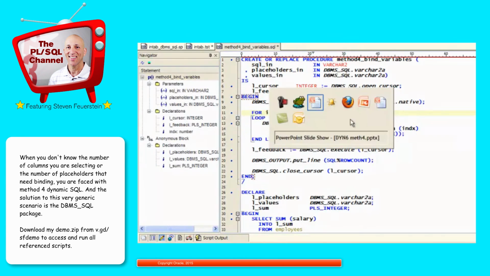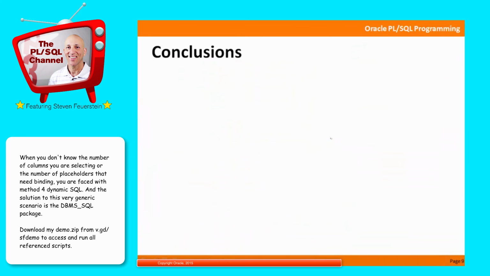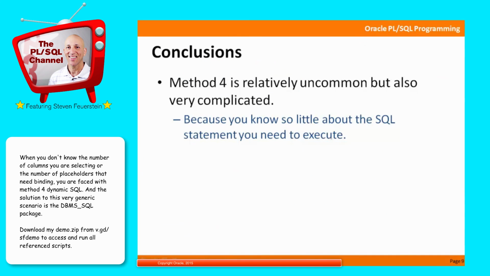Conclusions. Method 4 dynamic SQL is relatively uncommon, but it's also very, very complicated. Most of the dynamic SQL operations you're going to face are situations with a little bit more certainty. I know how many elements I'm selecting. I know how many bind variables I've got. You don't have to worry about this level of complexity. You can stick with EXECUTE IMMEDIATE.